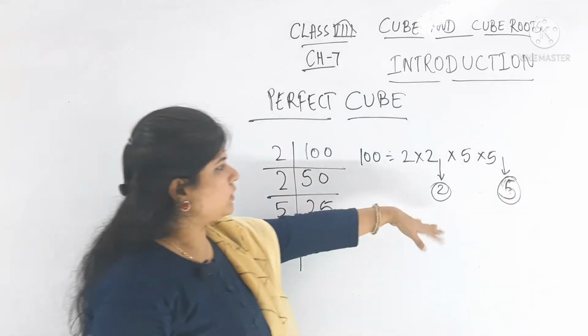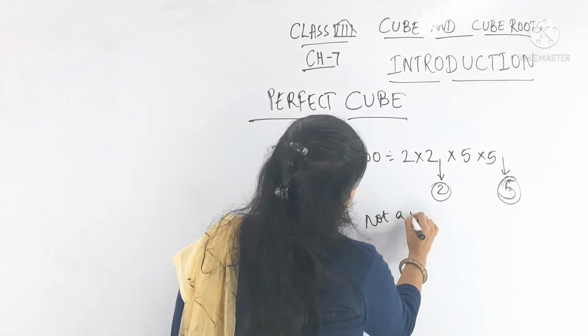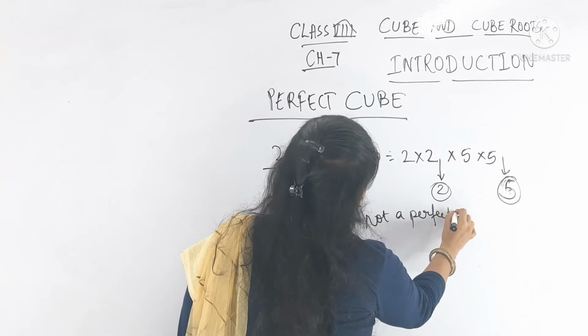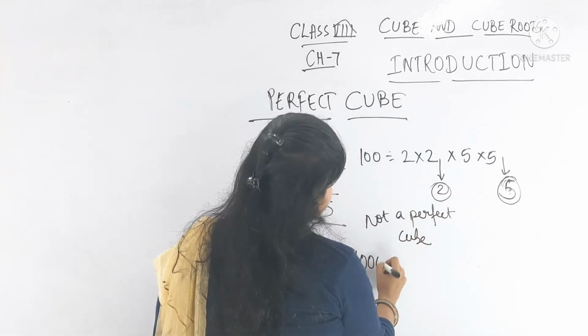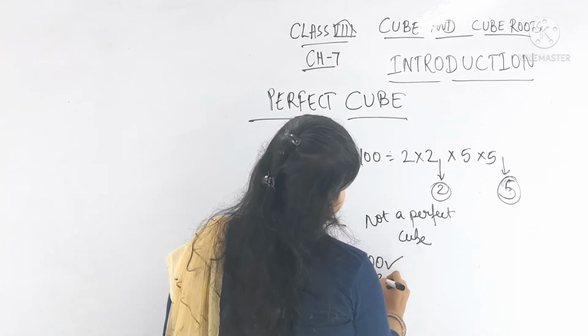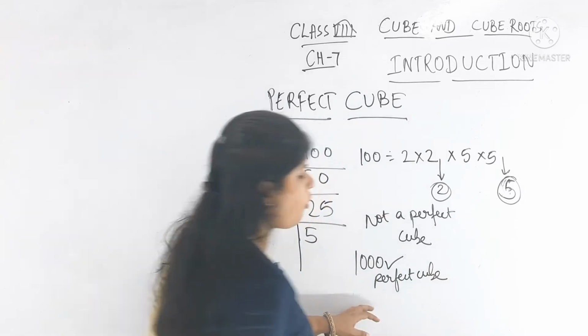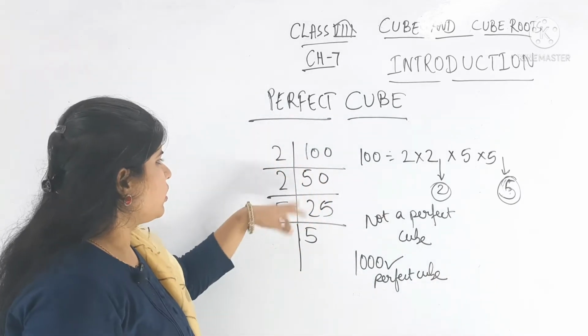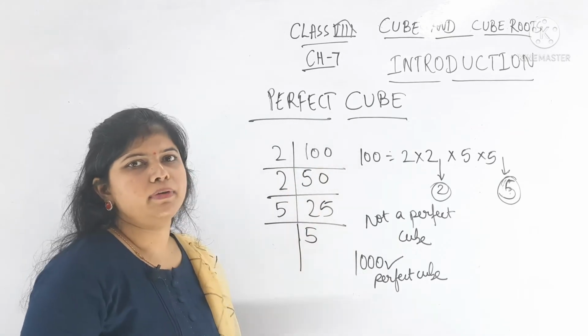So here you can see that this is not a perfect cube. If it is 1000, so this will be a perfect cube. 1000 will be the perfect cube of 10. So for this, what we have to do, we will cover in the next topic.